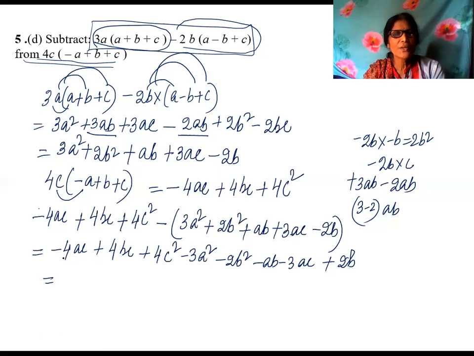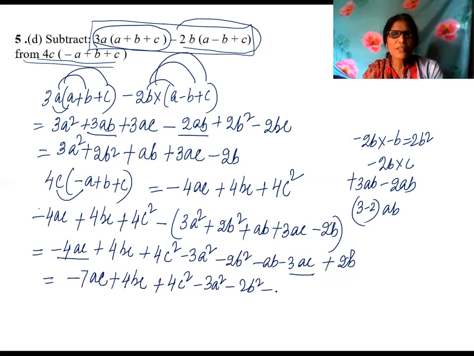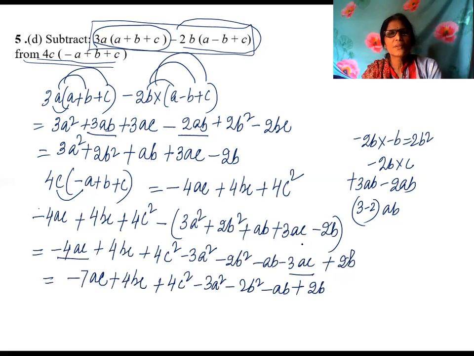Result will be minus 4ac minus 3ac, minus 7ac. There is no more similar term, so we'll write as it is. So this is your answer.